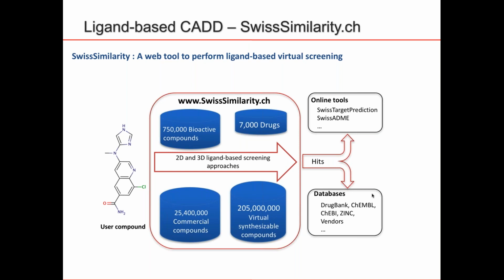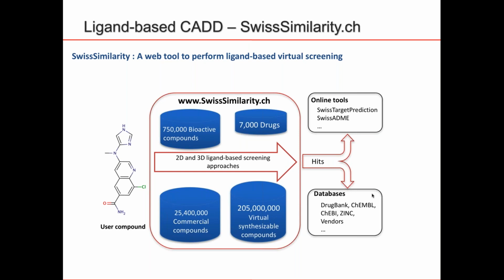This is a bit annoying, but the idea of SwissSimilarity is to provide access to these screening tools by preparing once and for all those different libraries to be used with different types of approaches to determine the similarity. Now, with our website, you can screen a library of drugs or developmental drugs, bioactive compounds, commercially available compounds, and we also made a library of virtual compounds to increase the chemical space accessible to screening.